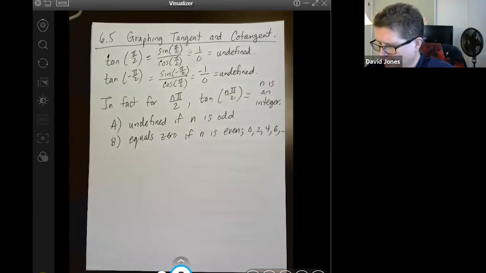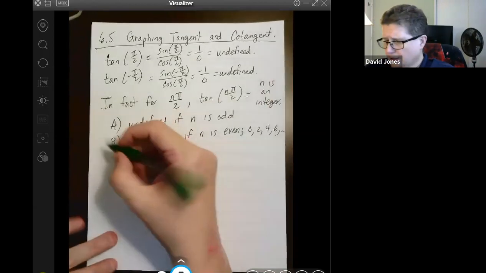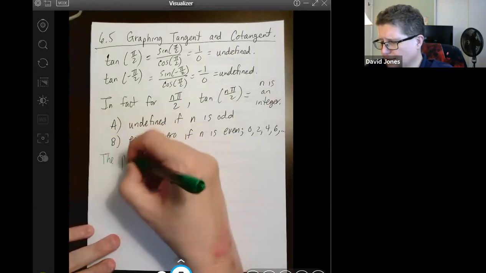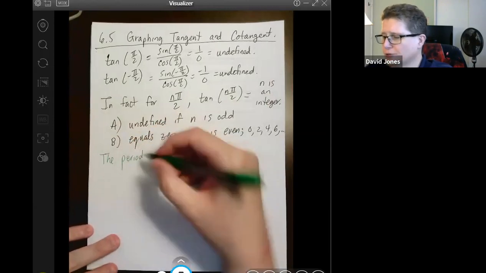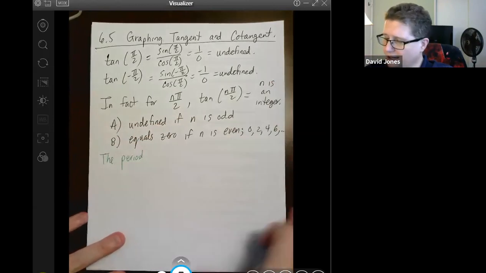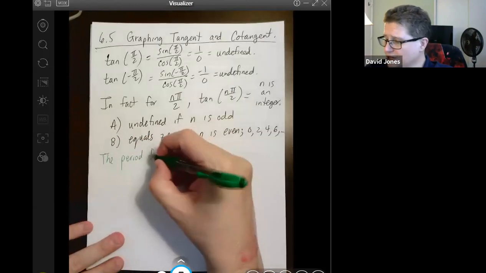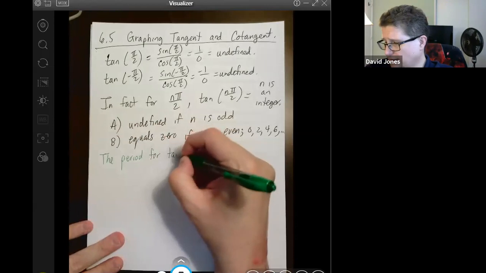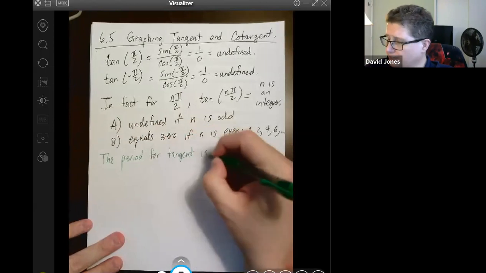So our period, the period for tangent and cotangent, the same holds true for cotangent, but it's got different zeros and undefined. The period for tangent and cotangent is not 2 pi.